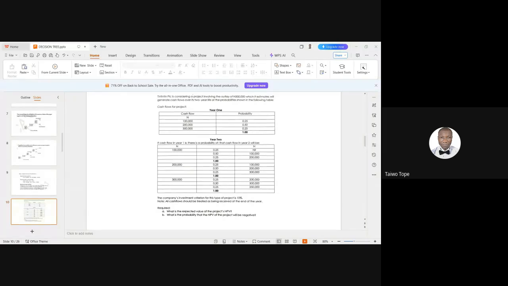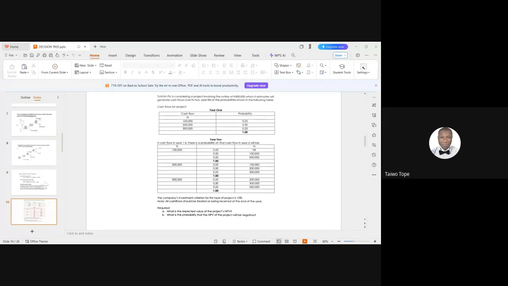When you add those probabilities, you have 1. And when you have 300,000 as an inflow, the associated probabilities are given respectively. The outcome in year two, when it is 0.25, is nil, 0.5, 100, 0.25, 200. That is the possible outcome they are giving us.